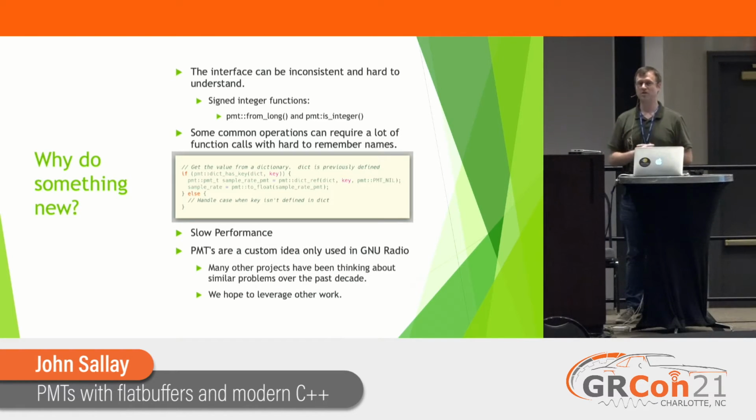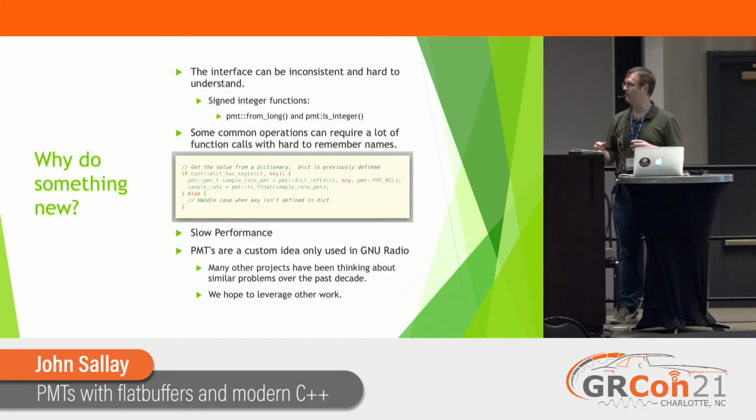Some of the operations that are pretty common can feel a little clunky, and the names and the arguments they take can be hard to remember. The little code snippet here maybe is a little harder to read than what I had hoped, but the example I have here is trying to see if a key is present in a PMT dictionary, and extract the value out.